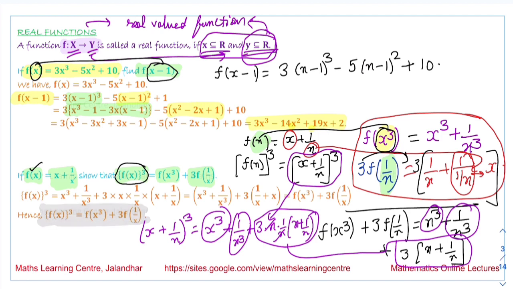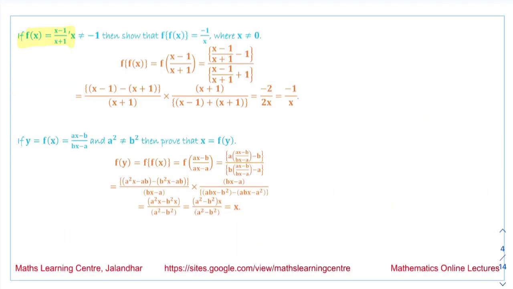Next is, if f(x) is equal to (x minus 1) over (x plus 1), where x is not equal to minus 1. Why is this condition given to us? Because if x is equal to minus 1, this denominator will become 0. We have to prove that f(f(x)) is equal to minus 1 by x.